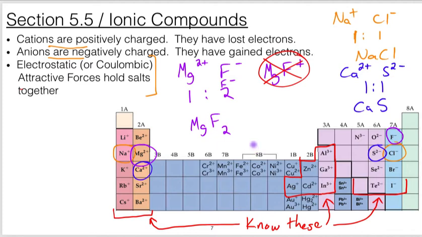And then the other thing that's often mentioned is this pattern: the charge on one can tell me how many of the other substance I need. A -1 charge on the fluoride means there's 1 magnesium. So you can do this flip-flop of the numbers there.